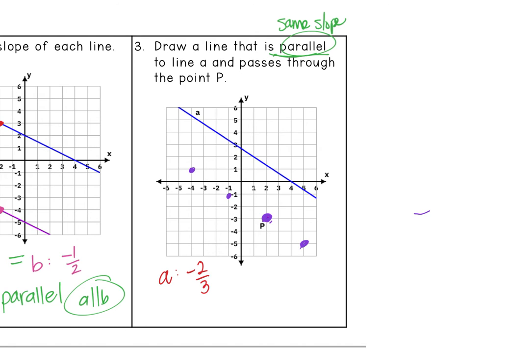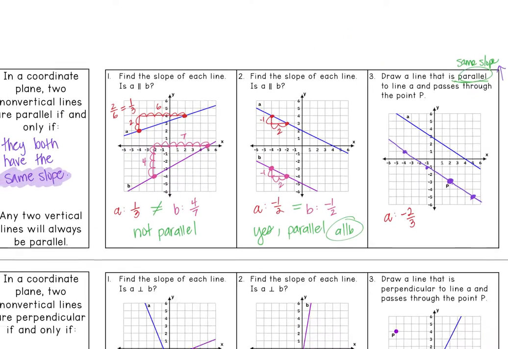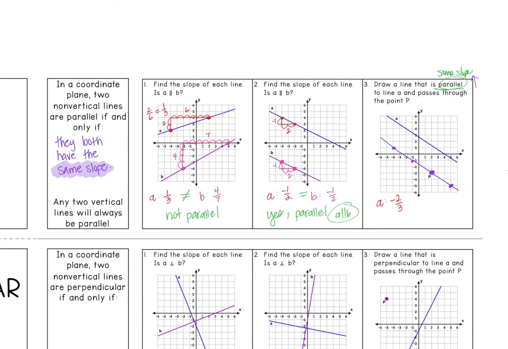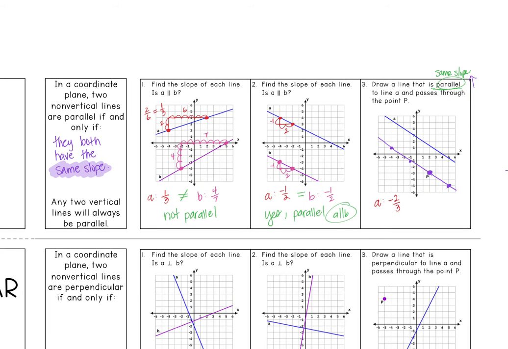And then I can connect those dots. And there's my line. And it's going through point P just the way that they wanted me to. So the trick is just making sure that you use the same slope, and then your lines will be parallel. All right, so that is parallel.